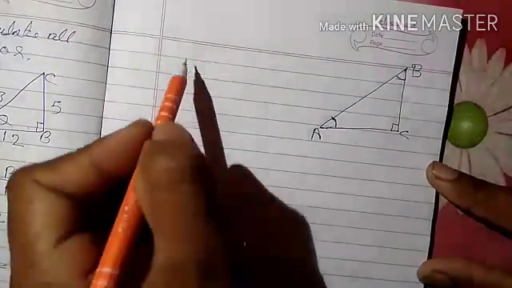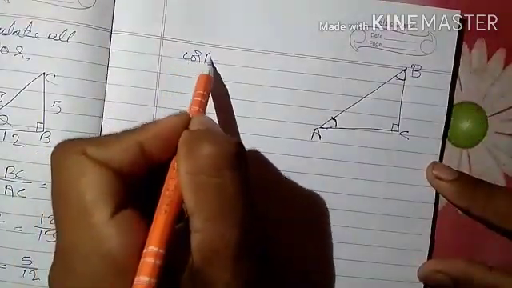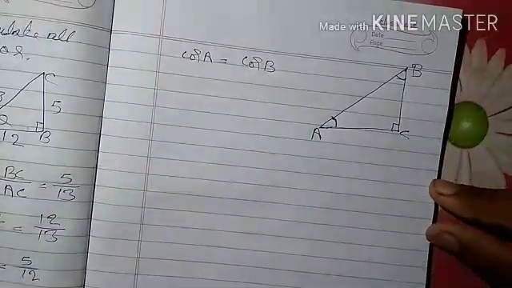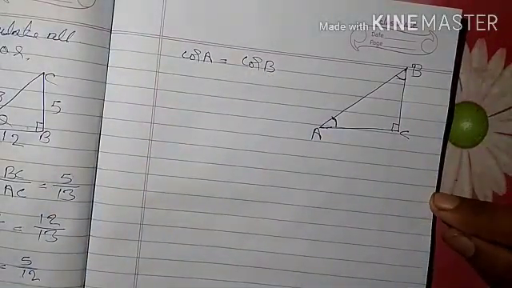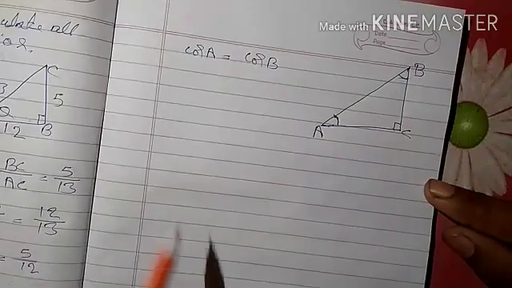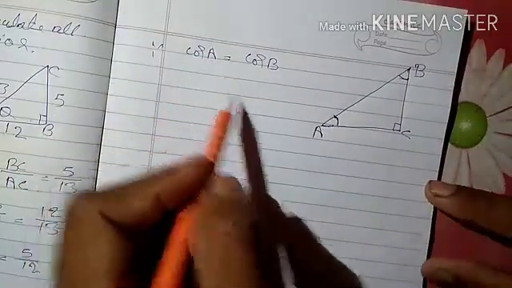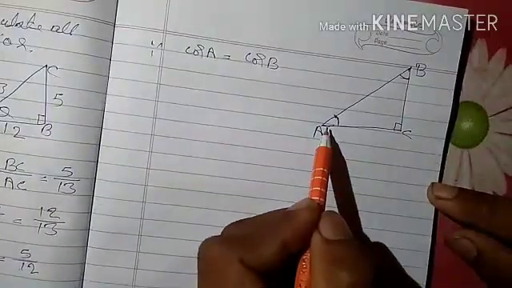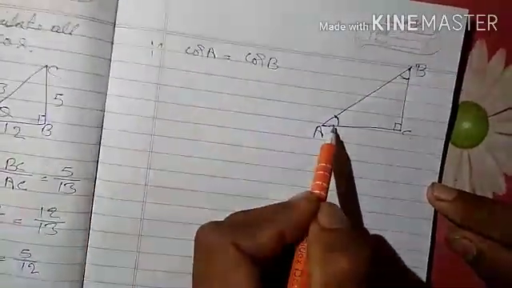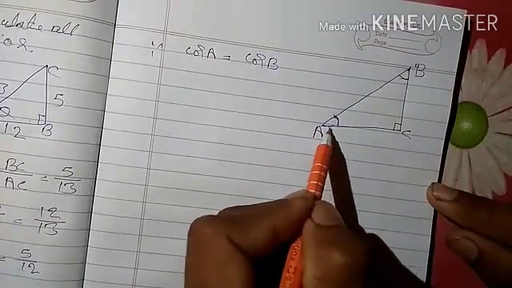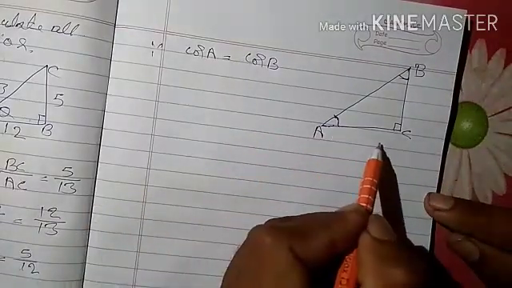Since cos A is equal to cos B is given, cos A for angle A is equal to base divided by hypotenuse.